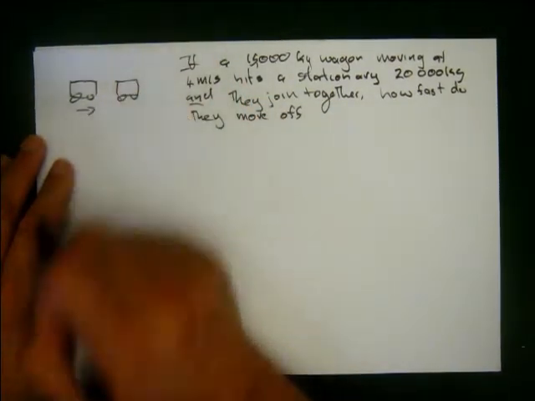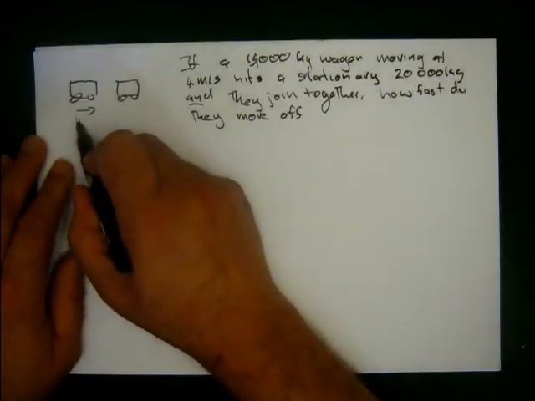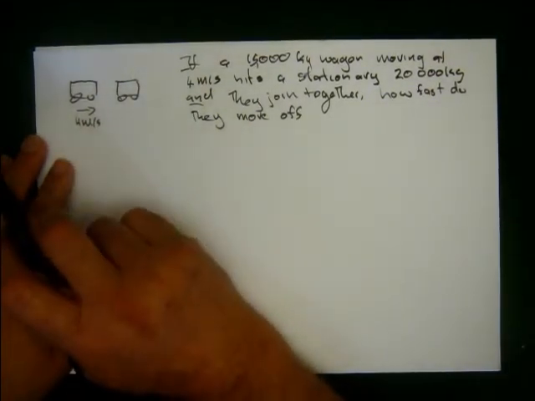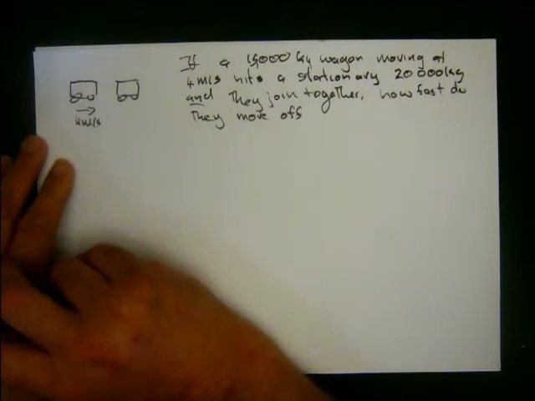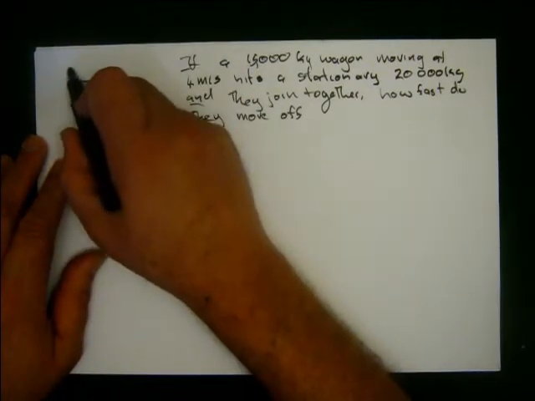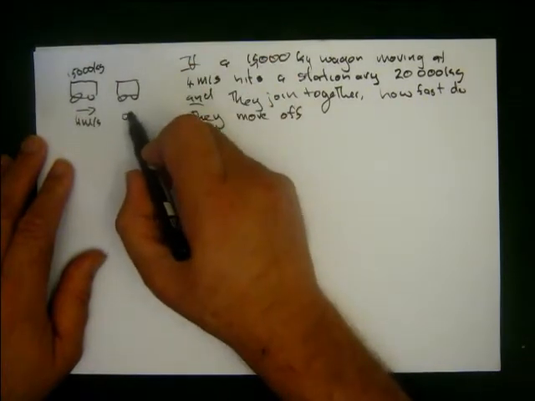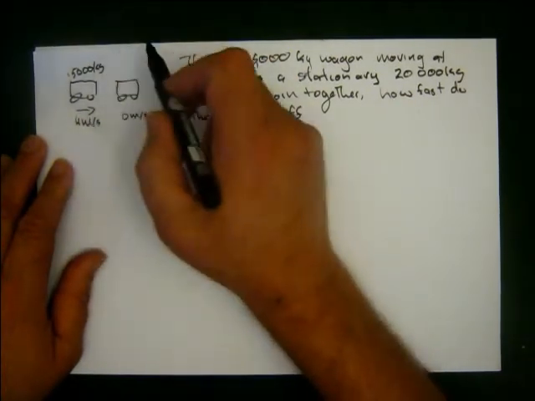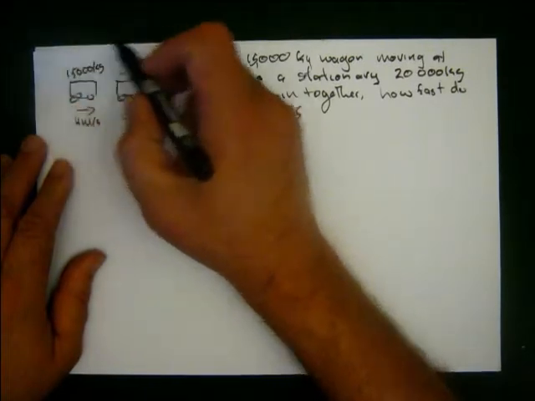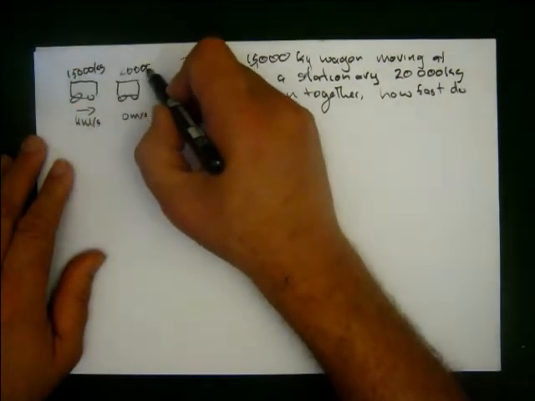Okay, so here's the before picture. This is moving. It's doing 4 meters per second. It weighs 15,000 kg. This one's doing 0 meters per second, and this one weighs 20,000 kg.